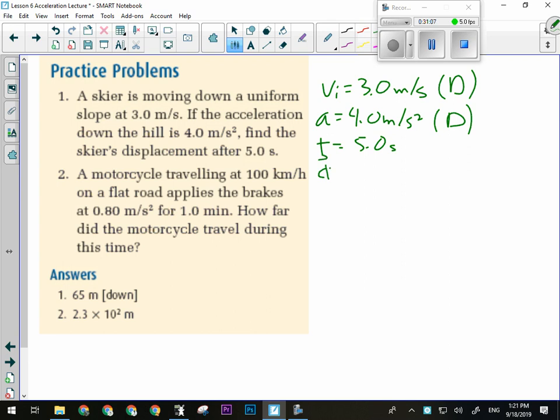We're looking for the displacement. That's our question mark. So, d equals vi times t plus 1/2 at squared. I don't have to manipulate it, I just plug in. So 3 times 5 seconds plus 1/2 times 4 times 5 squared.